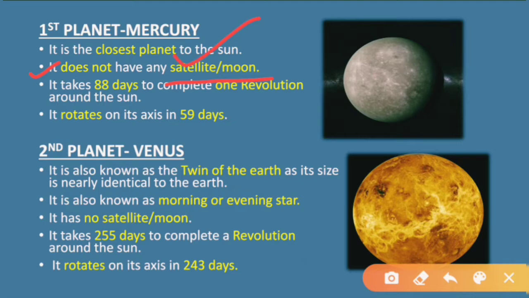What do you mean by the word satellites? Satellites are natural objects which give us information about that particular planet. See, there are two kinds of satellites. One is natural satellites and another is man-made satellites. These satellites help us to get the information about that particular planet.